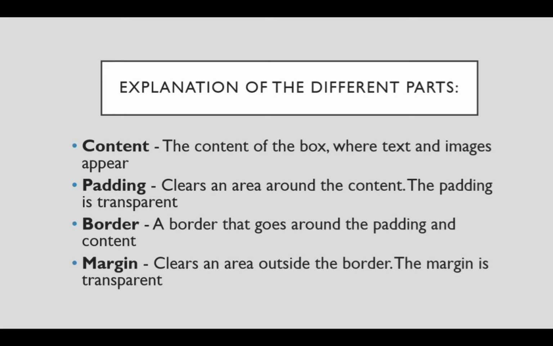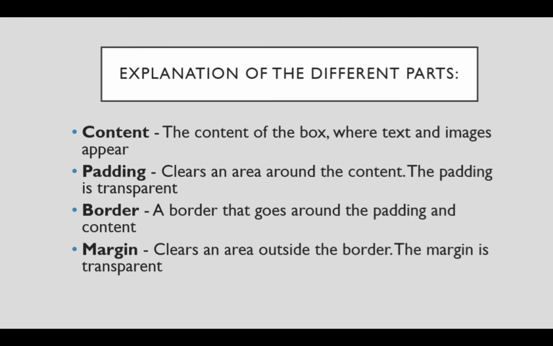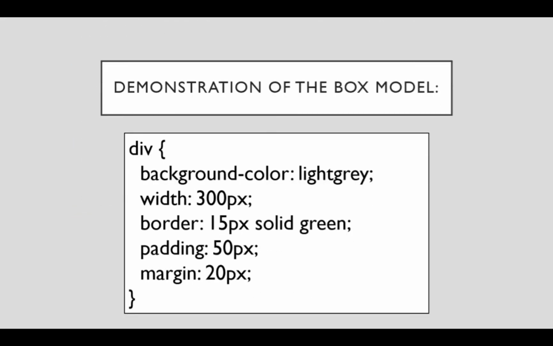Margin clears an area outside the border. The margin is transparent. The box model allows us to add a border around an element and to define space between elements. This was the example for the demonstration of the box model. You can try it by yourself or else wait for my notepad explanation.